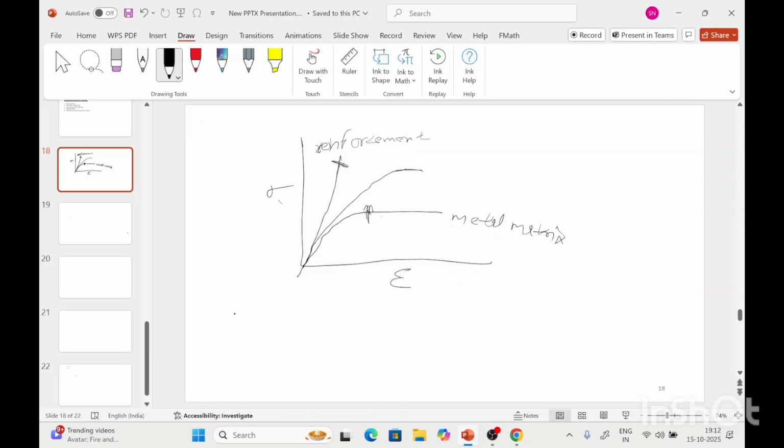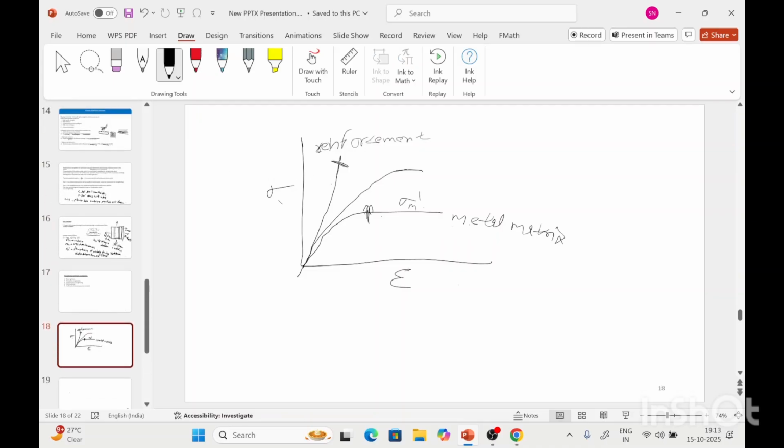In that condition, sigma m dash is called the flow stress of the metal matrix during deformation of the reinforcement in the composite. That's why sigma m dash is coming in that equation.